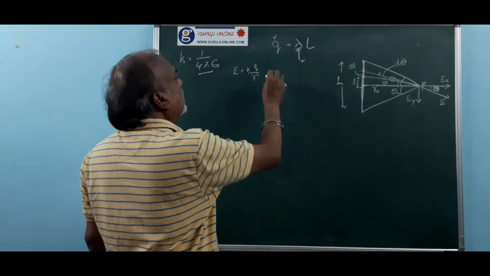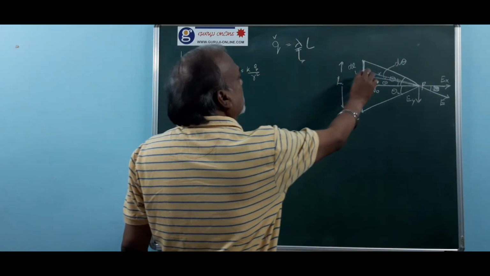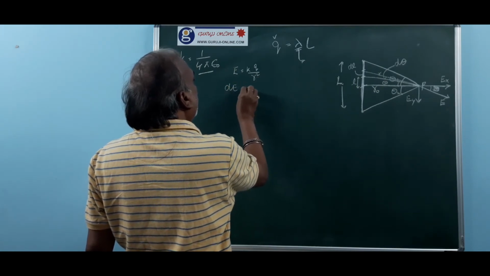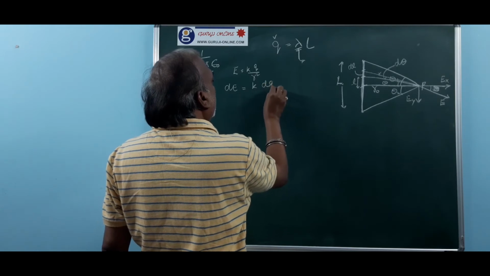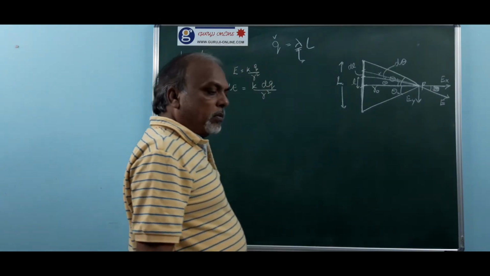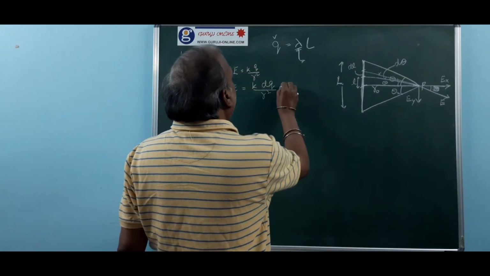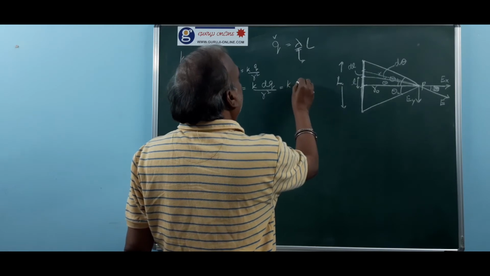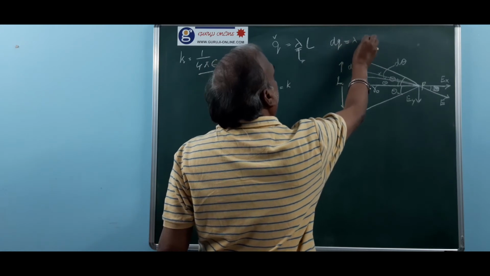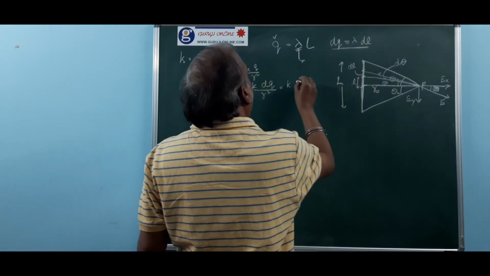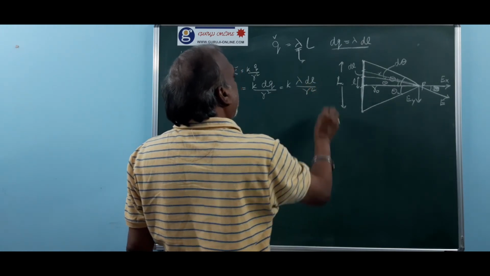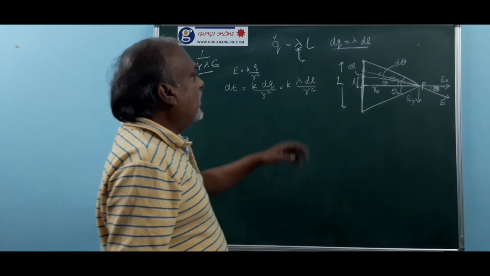Because of this segment, dE will be dQ upon R square, or we can write dQ as nothing but lambda dl. So here it is K lambda dl upon R square. What is this R?